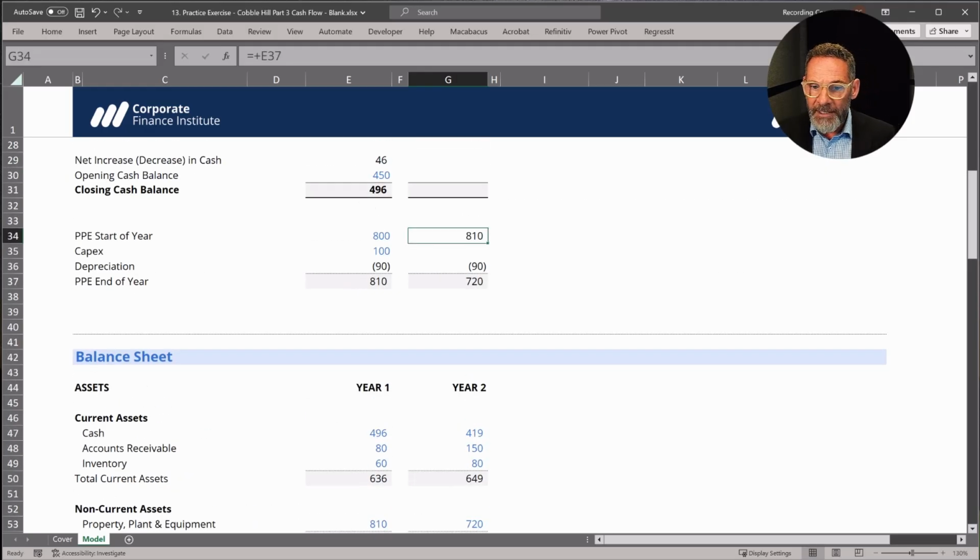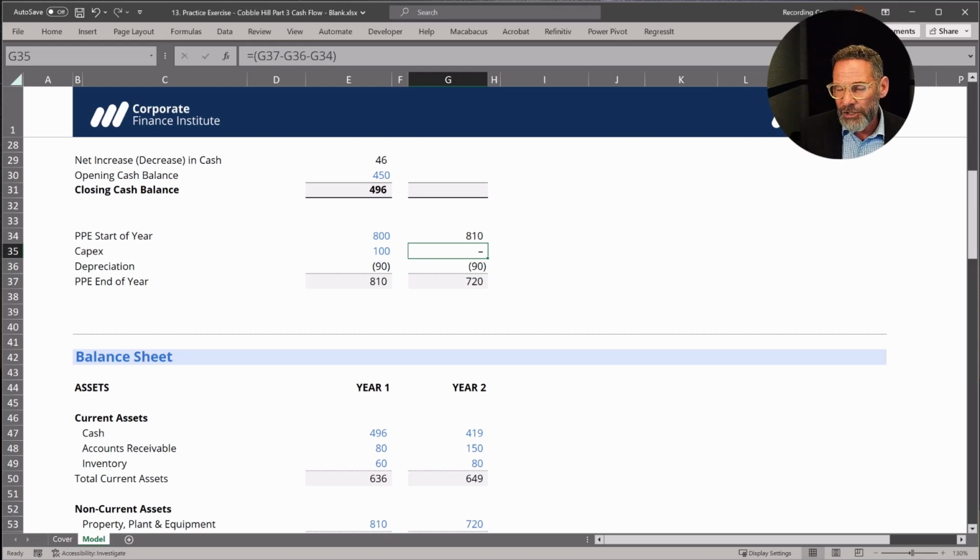And now we can solve for capex because that's going to be the difference. The way we do that is, equals the closing balance minus the opening balance, adding back the depreciation. And what this tells us is there was no new spend on property, plant, and equipment in the year.